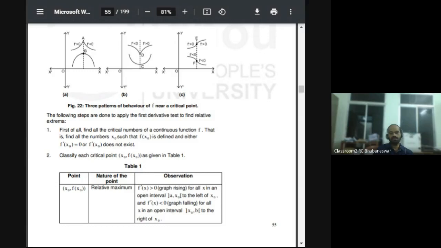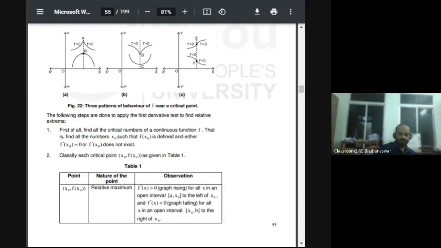So if we look at the pattern of sign change, the sign changes from positive to negative. Whenever we find this type of situation, sign changing from positive to negative, we have a relative maximum of the function at that certain point.